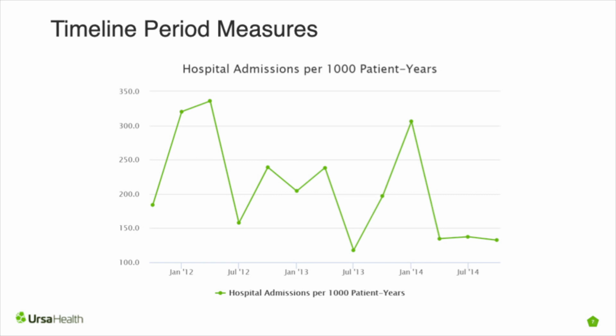The timeline period temporal structure is for measures where the denominator observation represents a period of time. For example, this measure, accounting for the number of admissions per 1,000 patient years, surveys the number of admissions for every 1,000 patients over a 1-year period of time.